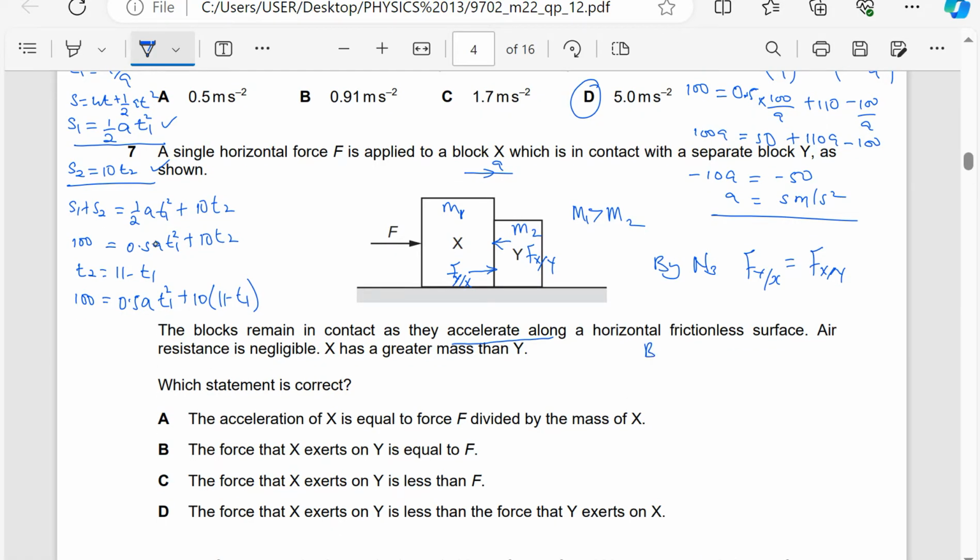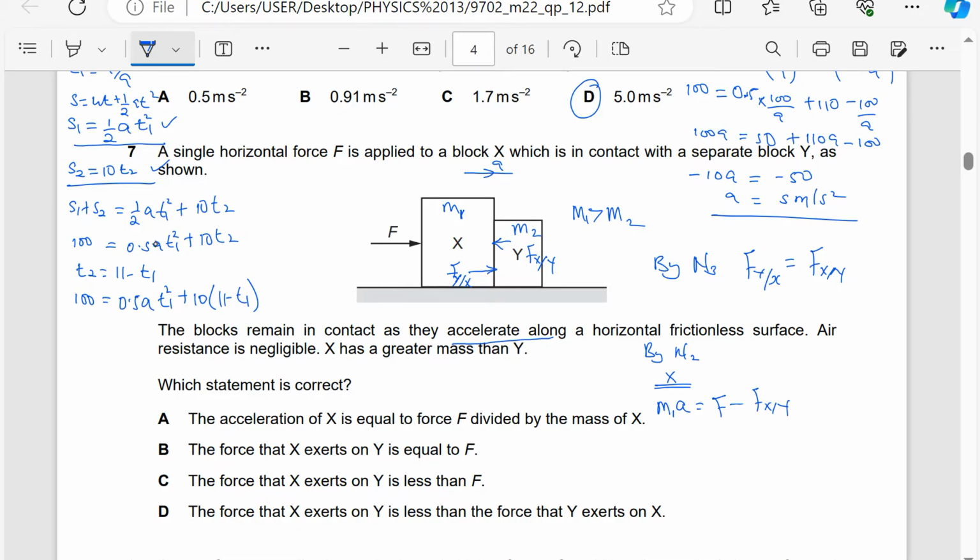By Newton's second law, the resultant force on X, which causes acceleration, I'm looking at X, is going to be m1 times the acceleration, which I'm going to call a, should be equal to, if they are moving to the right hand side, F minus the force which is on X caused by Y, which is Fx due to Y. Okay, so that is the resultant force on X which causes the acceleration.